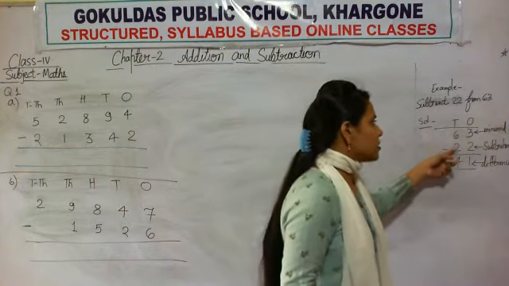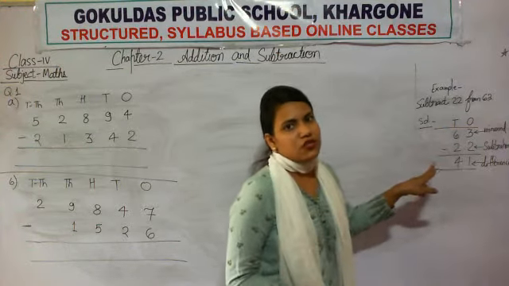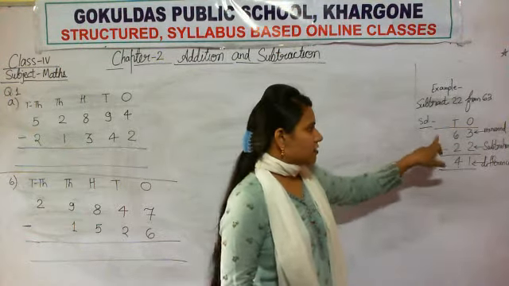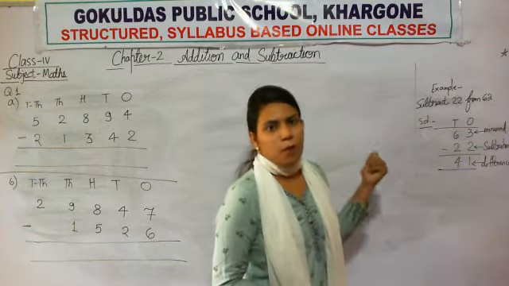So here 22 is smaller, that is why I have written it in the next row, okay, and the larger number is 63, so I have written 63 at the top.